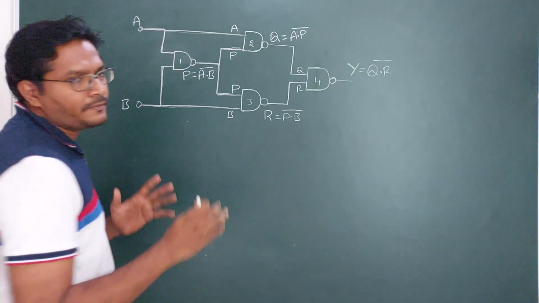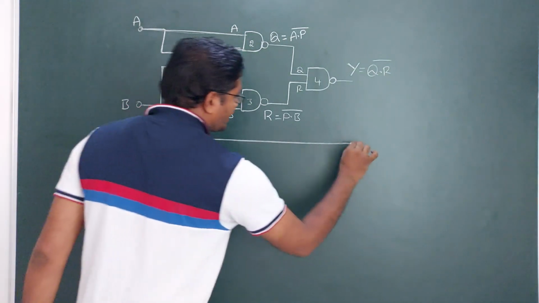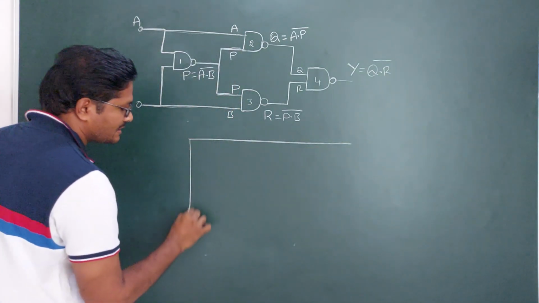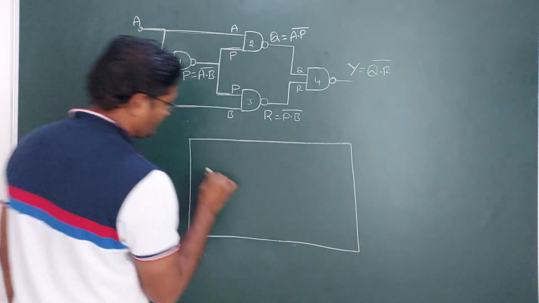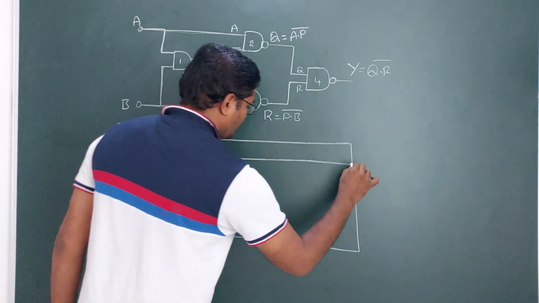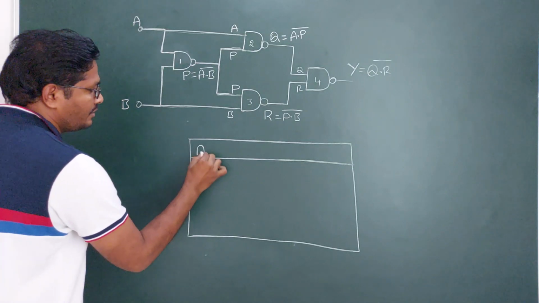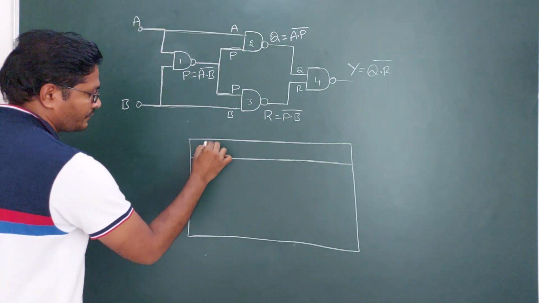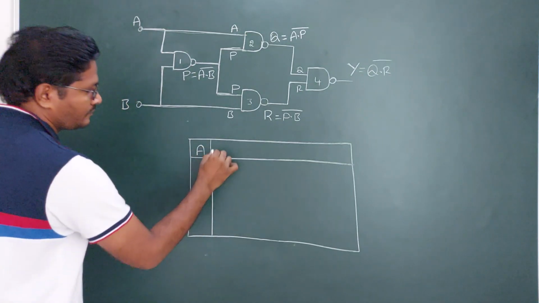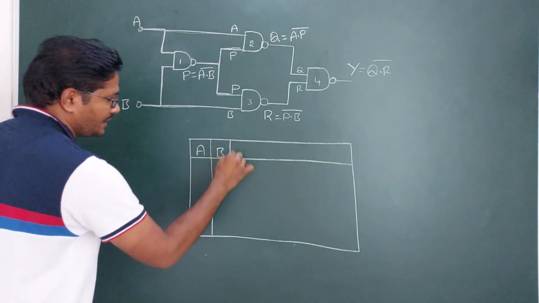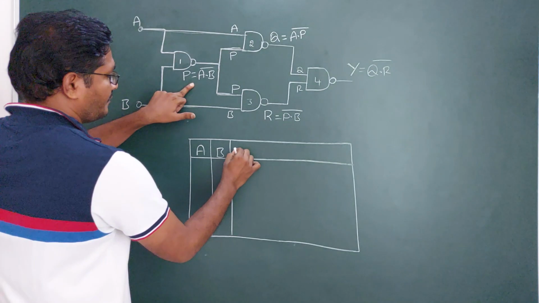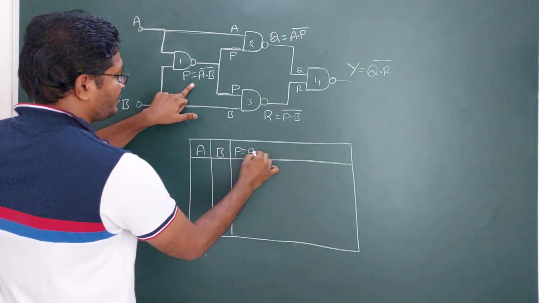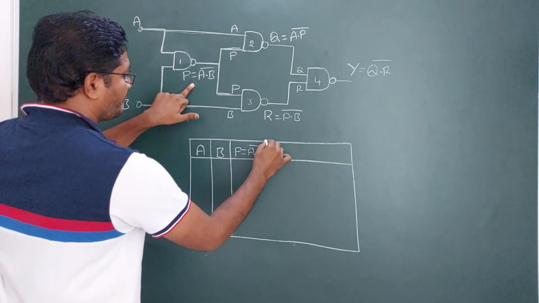Now I am writing the truth table. Here you need to write the truth table for this logic gate. The input signals are A and B, and here P is equal to A into B whole bar.